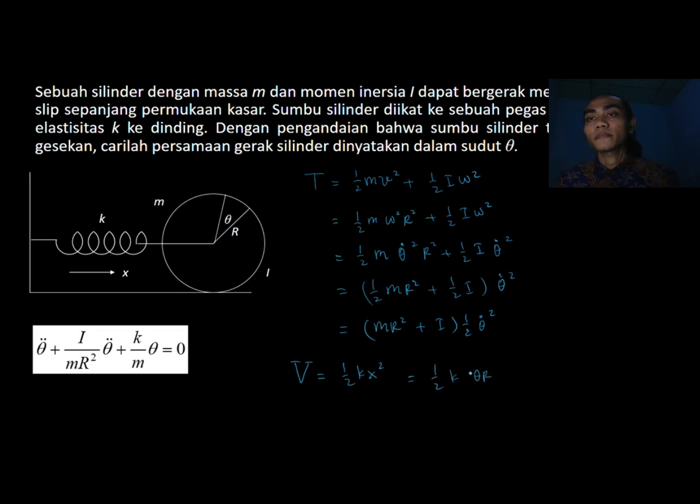Now we arrive at the Lagrangian method. The Lagrangian is of course the kinetic energy minus the potential energy. This is the kinetic energy, and we already know the potential energy.